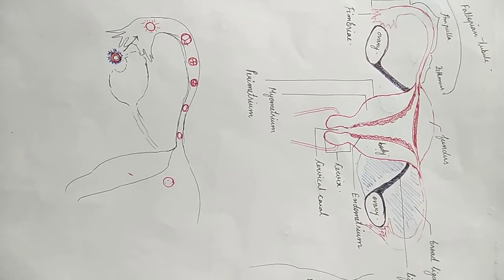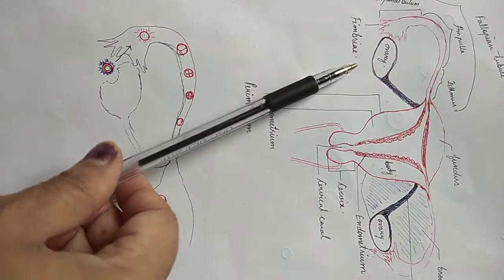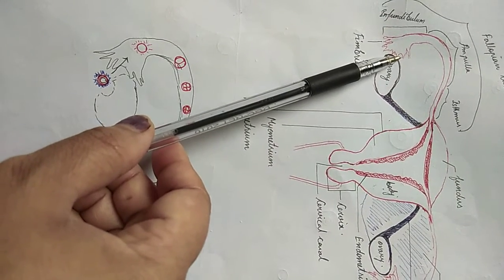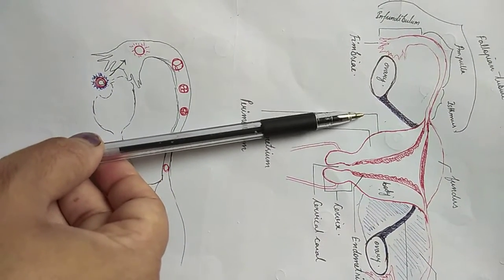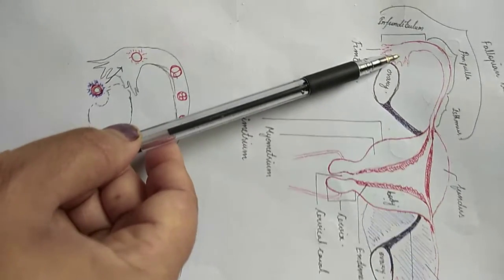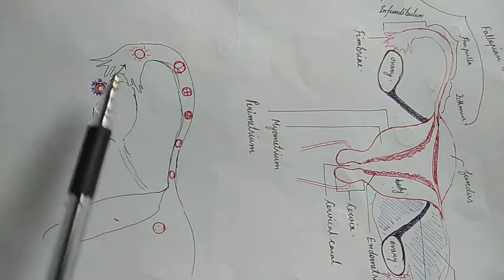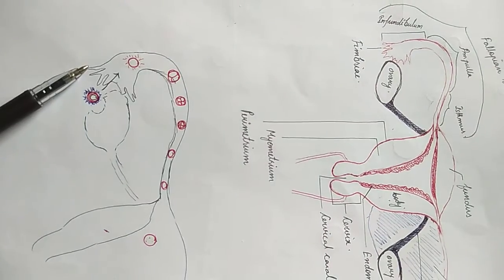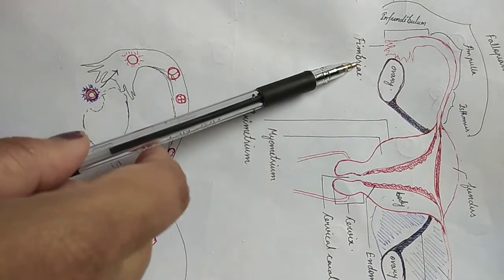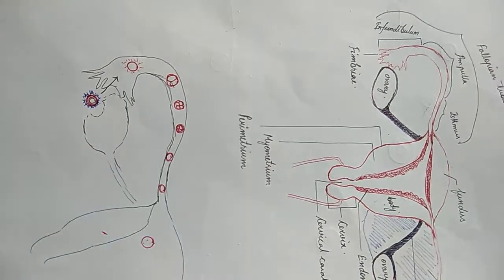The fallopian tube possesses the following parts: a broad, funnel-shaped proximal part which lies close to the ovary to receive the egg released by the ovary, known as infundibulum. The margin of the infundibulum bears finger-like processes known as fimbriae. These fimbriae collect the egg and direct it into the infundibulum.